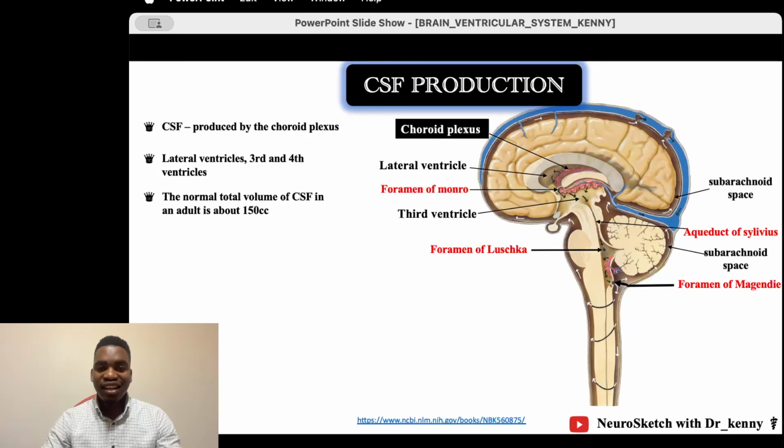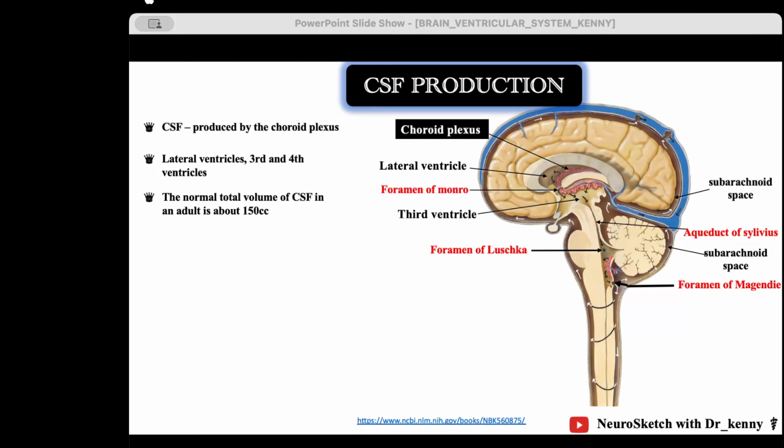If you measure our cerebrospinal fluid at any time, you will find that our whole ventricular system and the subarachnoid space can accommodate only 150 mils or 150 cc of the cerebrospinal fluid. So that's what we can accommodate.